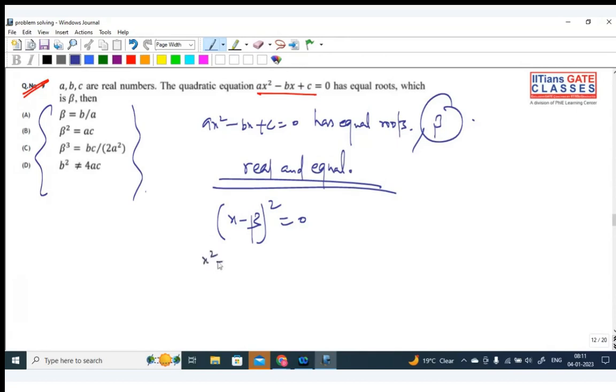So x square minus 2 beta x plus beta square equal to 0. Now you can compare. Here 2 beta is equal to b, and beta square is given as c. So just solve it.